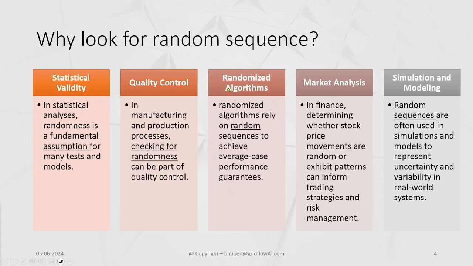Many machine learning and deep learning algorithms also require data to be randomly initialized, at least. In market analysis, let's say the stock market with stock price movements, we would like the data to be randomly spread. Likewise, simulation and modeling techniques used in operations research also assume that sample data is randomly distributed.